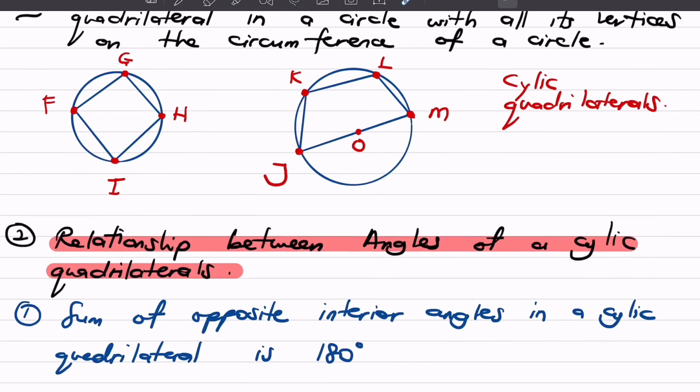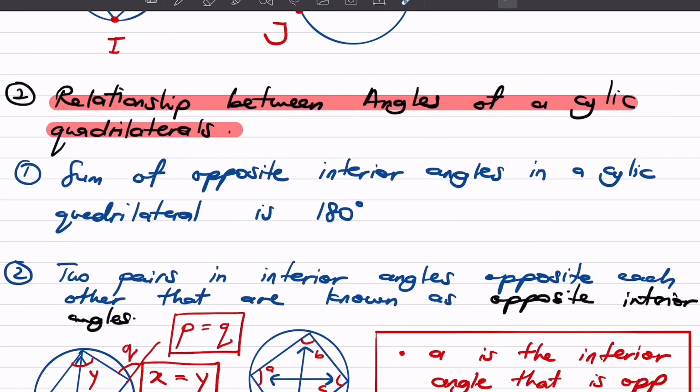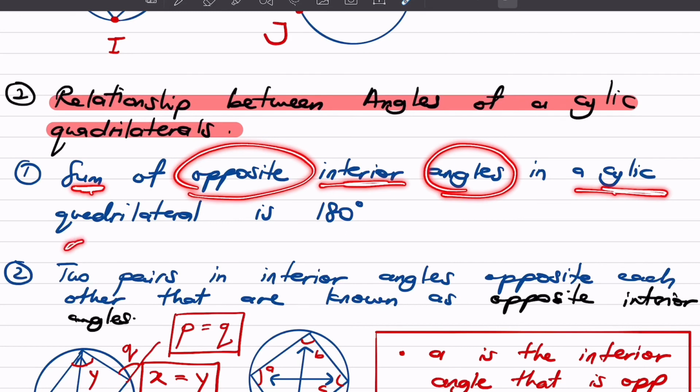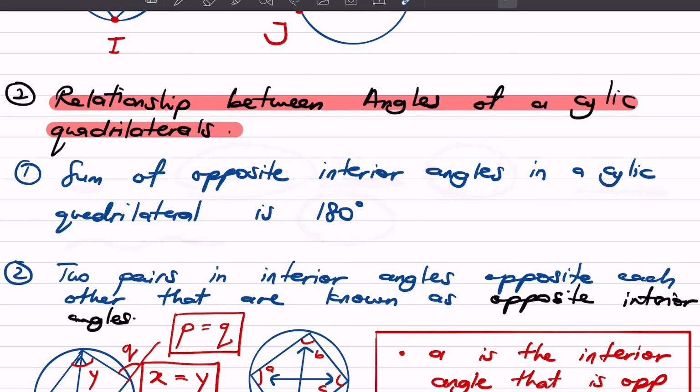The second part of the notes is the relationship between angles of a cyclic quadrilateral. There are a few properties. The first one, the sum of opposite interior angles in a cyclic quadrilateral is 180 degrees.